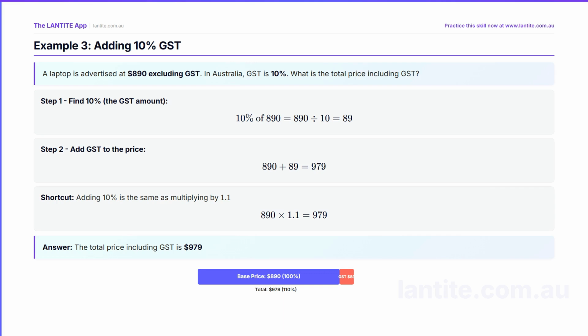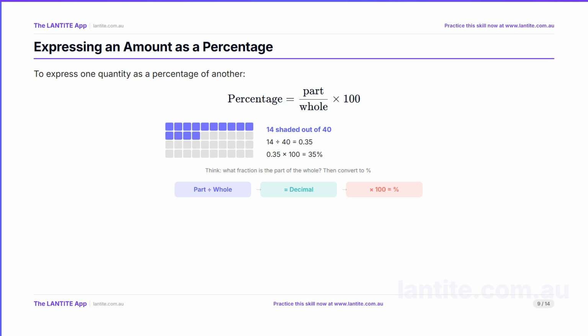There's also a handy shortcut. Adding 10% is the same as multiplying by 1.1. 890 times 1.1 also gives 979. The bar diagram on screen shows the base price and the GST portion visually.